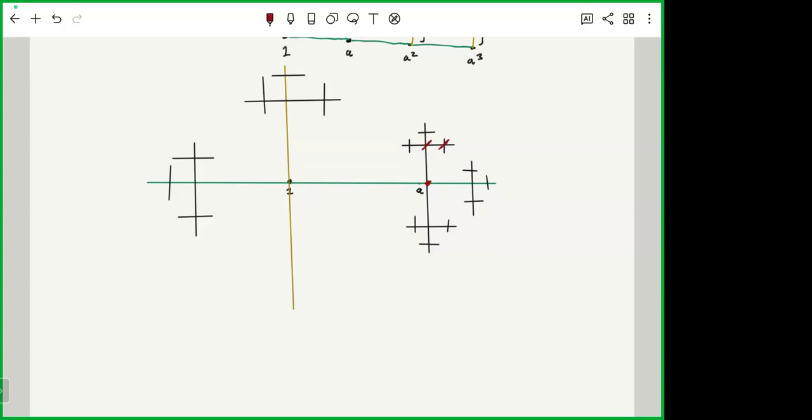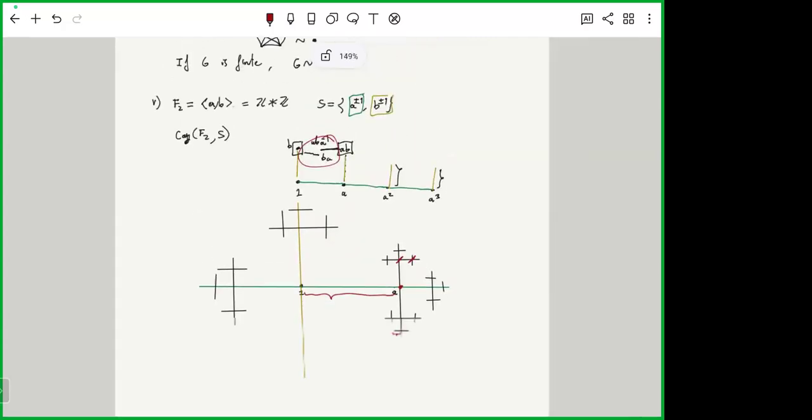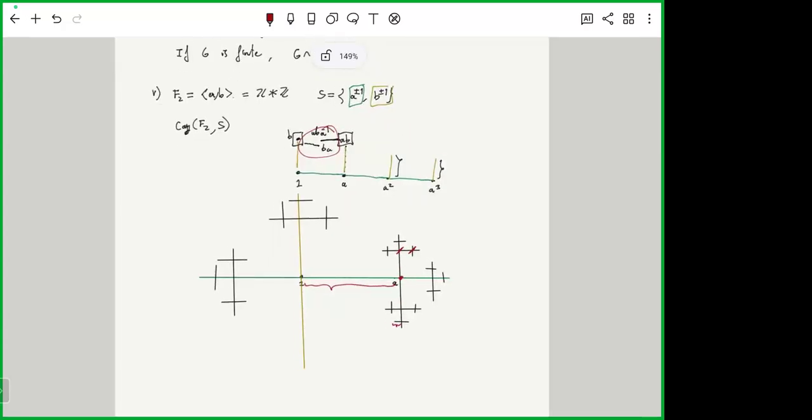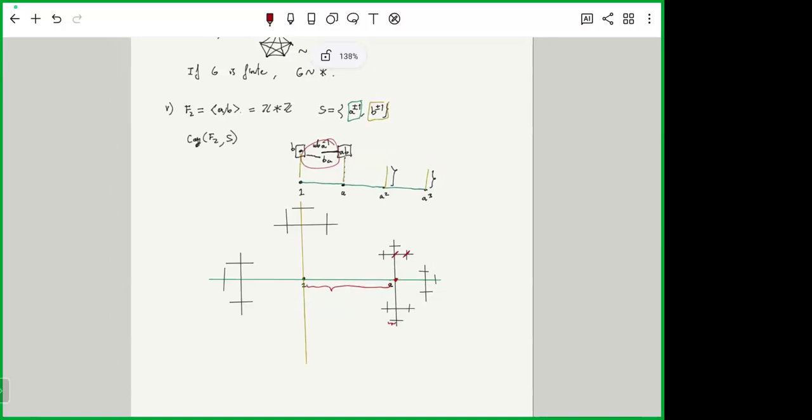If these edges have length 1, this edge here looks bigger than this one, but that is not the case. They all have the same length, which is 1. So this representation of the graph does not respect distances. Okay. Is this clear? Are there any questions so far? Curiosities? Please, I'm happy to answer questions.